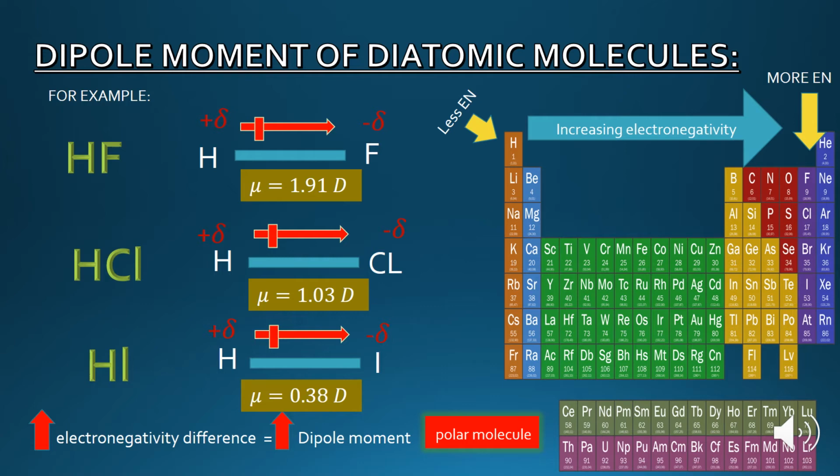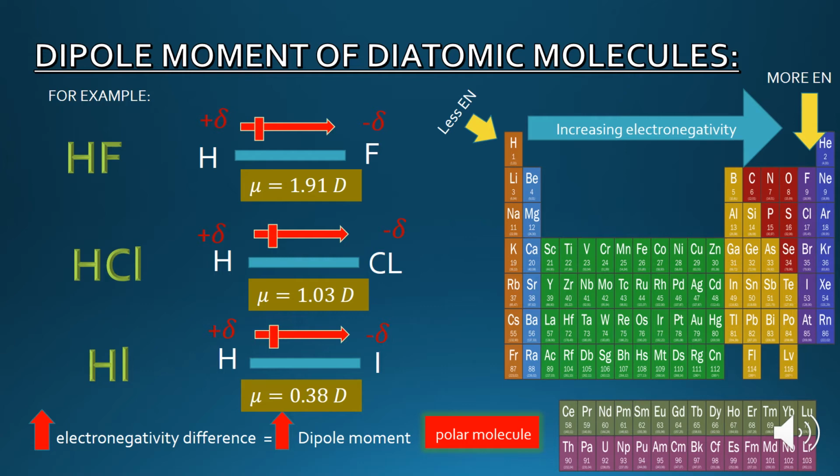Similarly, in case of hydrogen fluoride, hydrogen is less electronegative as compared to fluorine. So as a result of this electronegativity difference, the hydrogen has a partial positive charge, whereas the fluorine has a partial negative charge. So what will be the dipole moment in case of hydrogen fluoride?